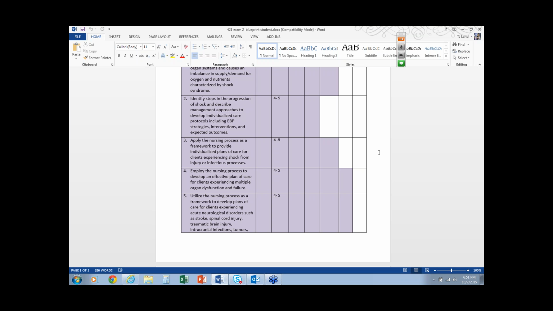Eventually, at the end of that, the tissue that doesn't get the blood, the cells die. And as more cells die, the tissues die. And as more tissue dies, the organ dies. Okay? So this is how we move towards organ failure and organ dysfunction. When we have more than one organ system involved, this is multi-organ failure.